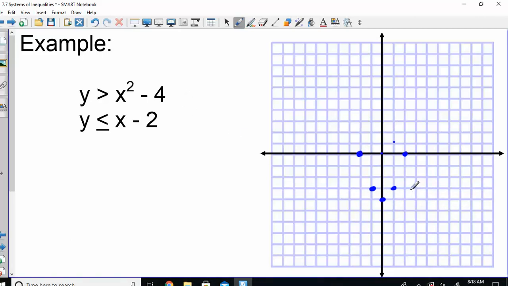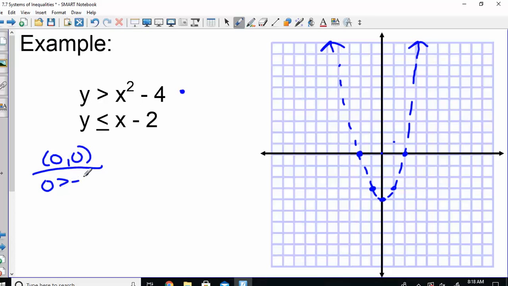Is that one solid or dashed? Dashed. Okay, to figure out where to shade, we could put in 0, 0. So we get 0 is greater than -4. True or false?